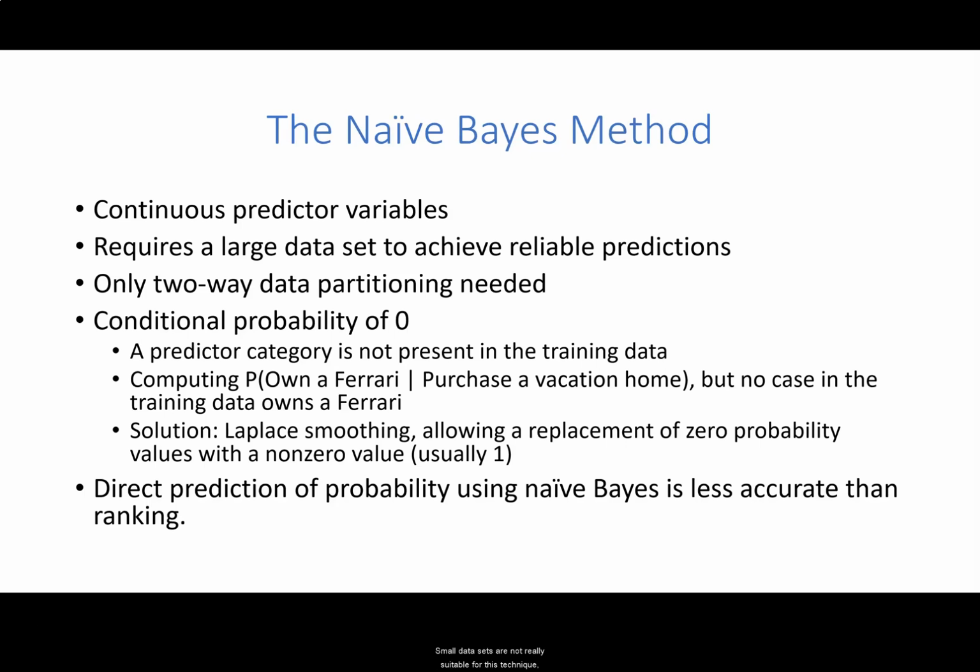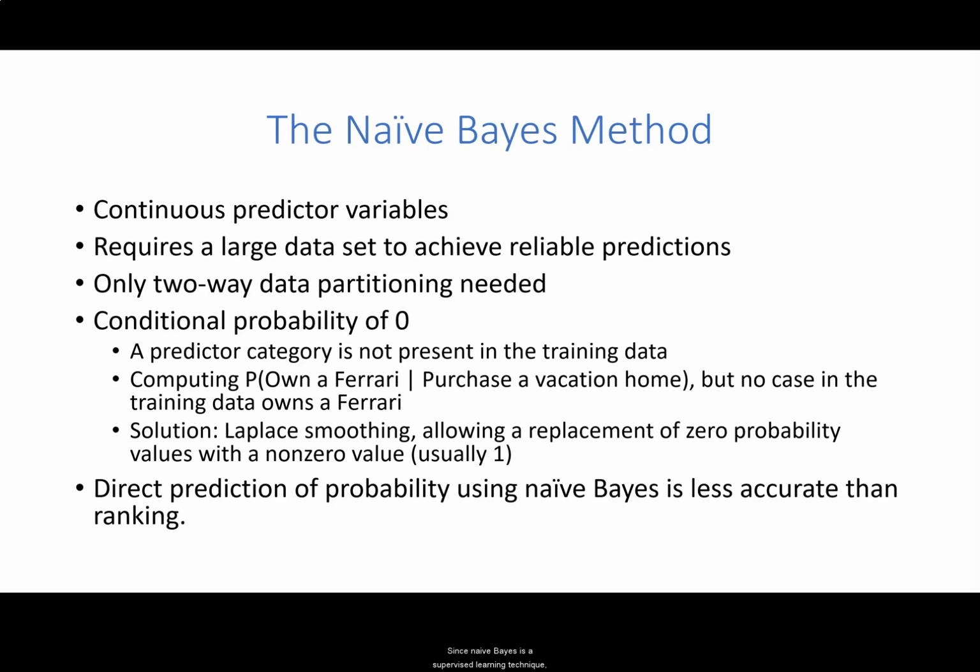Small datasets are not really suitable for this technique, especially when you take into consideration data partitioning for supervised data mining. As the naive Bayes computation depends on the training data, having sufficient data in the training dataset is crucial.